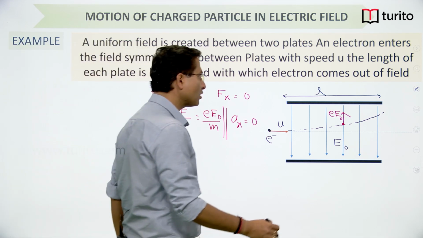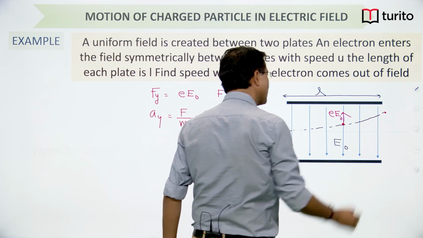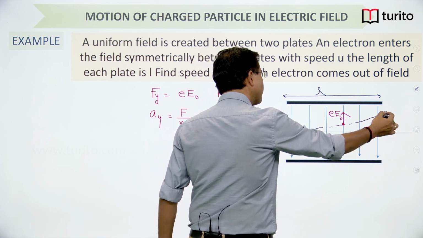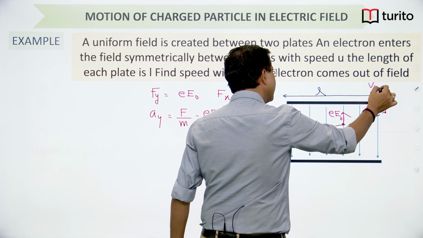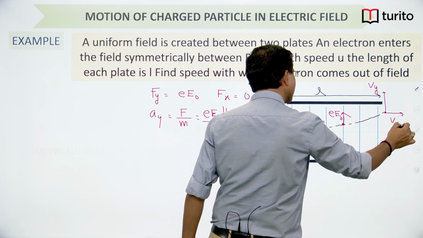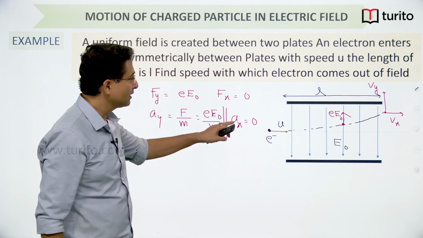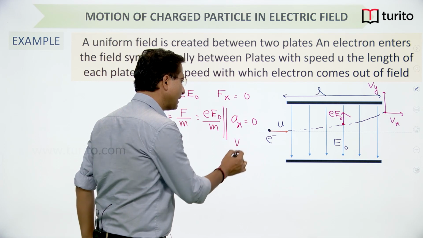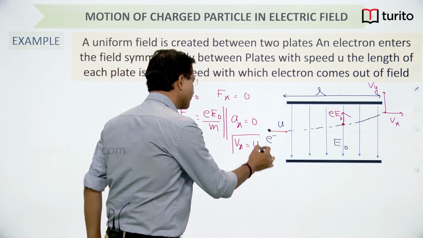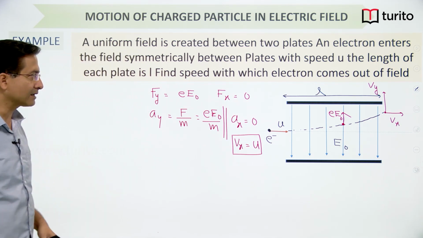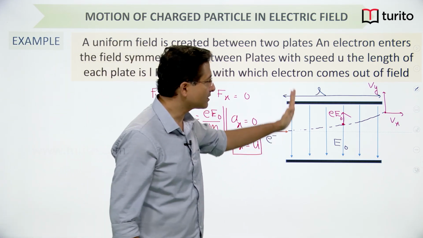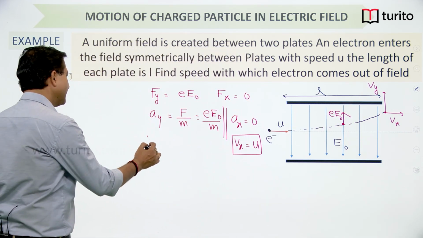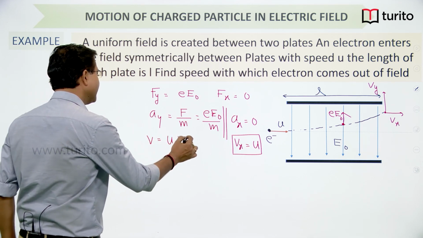To calculate the velocity when it just comes out of the field, it will have one y component and one x component. As there is no force in the x direction, the x component will remain unchanged. So, the velocity in the x direction will remain u throughout the motion. What about the velocity in the y direction? Because of this constant acceleration, the velocity in the y direction will be increasing, and I can write the velocity at any moment, v is equal to u plus at.